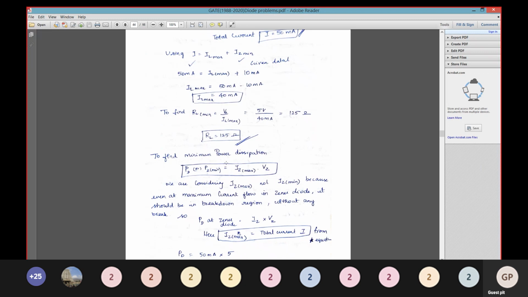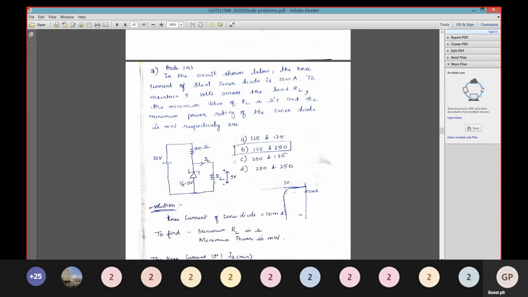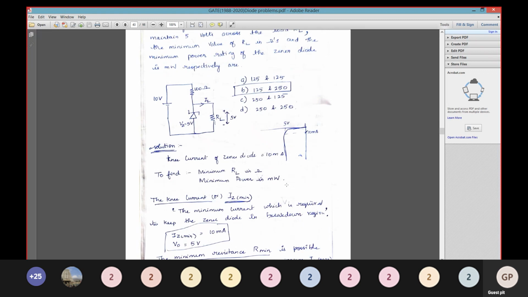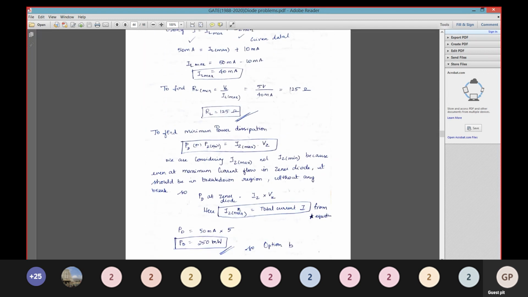To find the power, what is the question asking? They are asking for the minimum power in milliwatts, so we use the minimum Zener current.